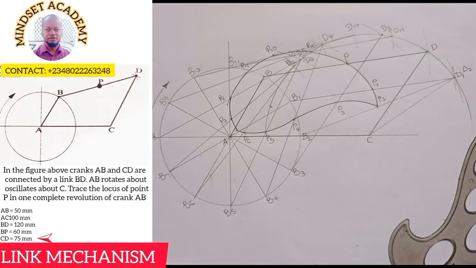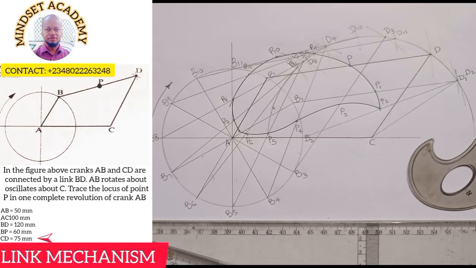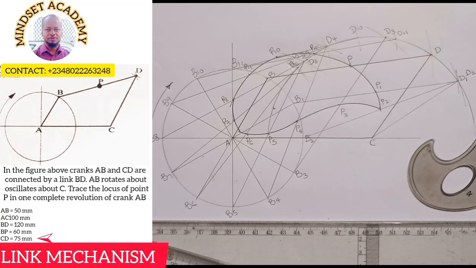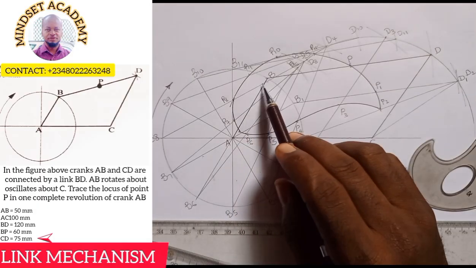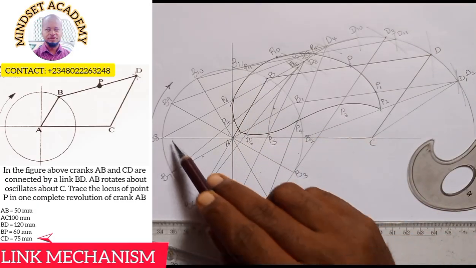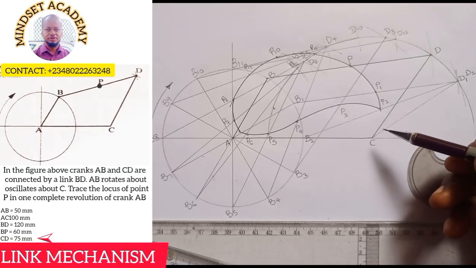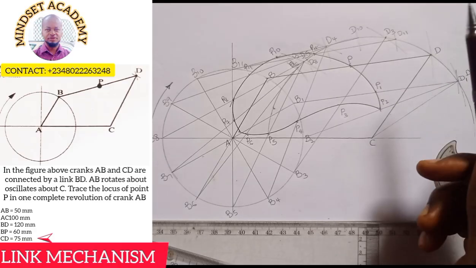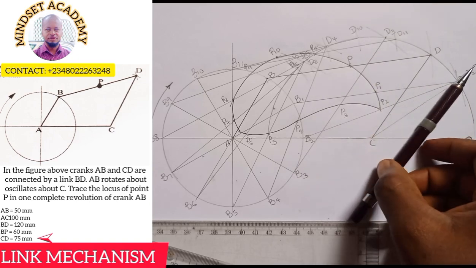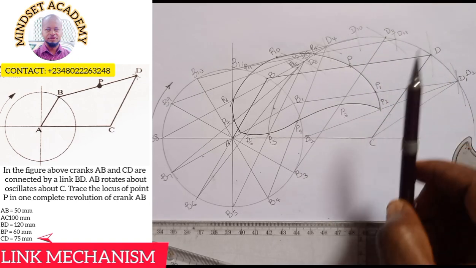So to analyze this properly for you to really get what I am trying to portray here is that as this crank AB rotates in a clockwise motion, CD moves in an oscillating motion about C, so moving this way.